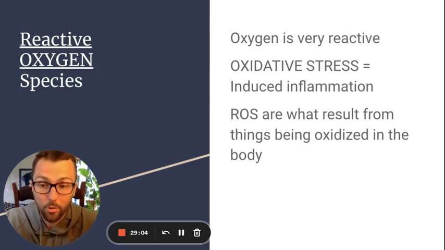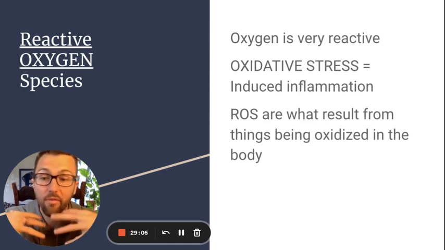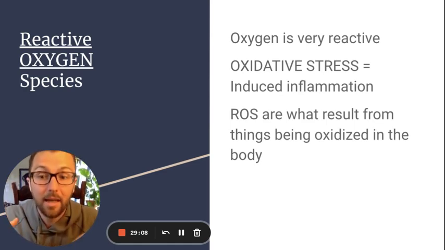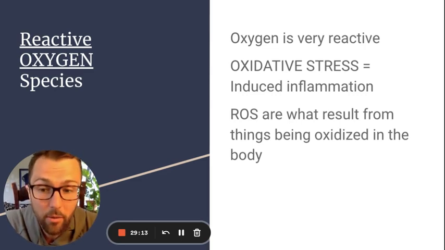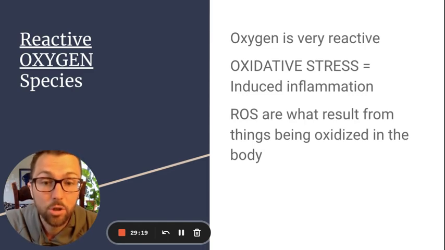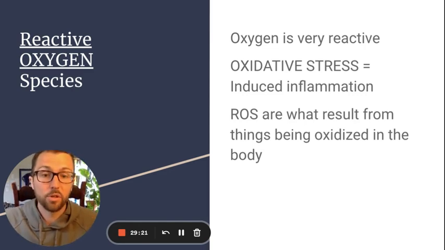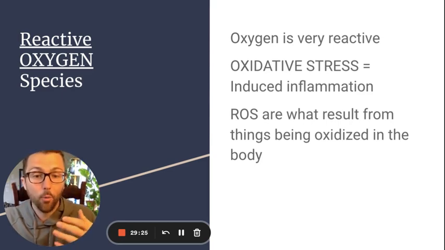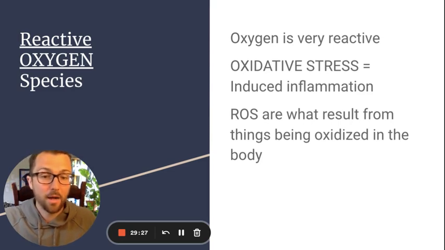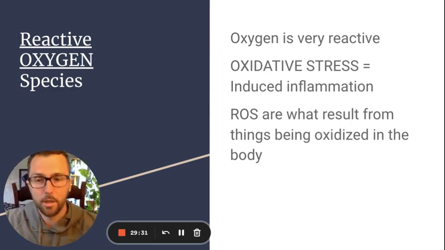That's a term that gets thrown around a lot too. Oxygen is very reactive, very reactive. Oxidative stress is what is inducing that inflammatory response. So ROS are what result from things being oxidized in the body, as well as causing more oxidation in the body.